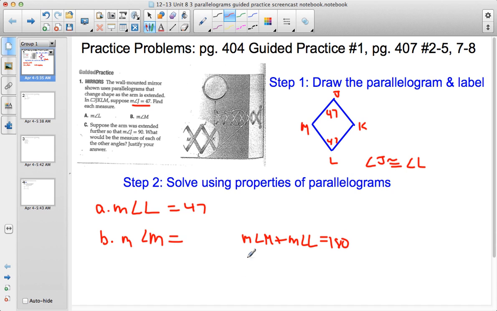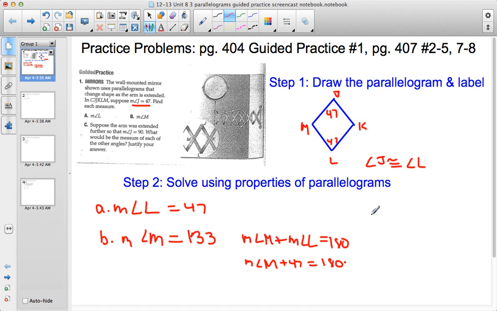Well, I know that this is 47 for the measure of L. So the measure of angle M plus 47 equals 180. And I want you to write all of these steps out in your notes. I want you practicing writing all the steps out. And then 180 minus 47 gives me the measure of angle M, and you can do that on your calculator, is 133.